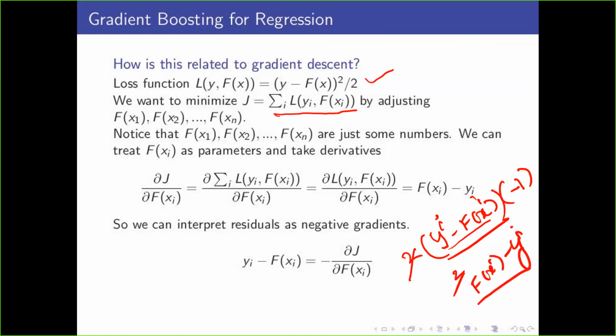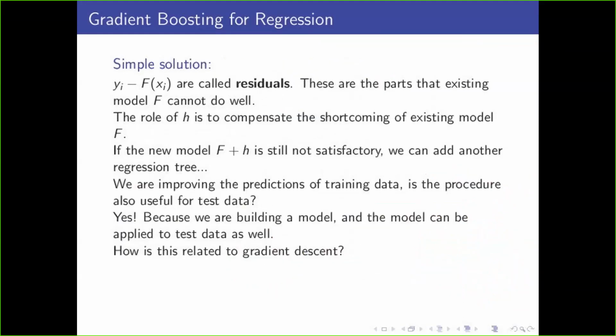When you take the derivative of this loss function with respect to f of xi, you are getting f of xi minus yi. So what is this f of xi minus yi? Isn't it the negative gradient? You see this, yi minus f of xi is the residual part that we were trying to compute.